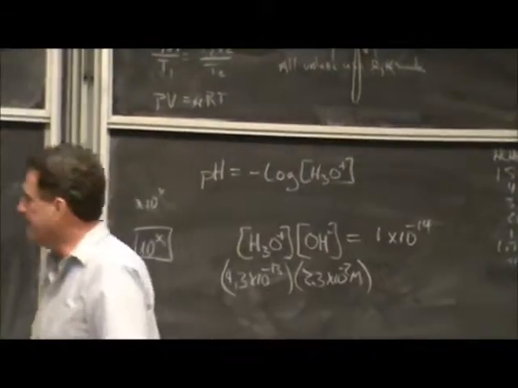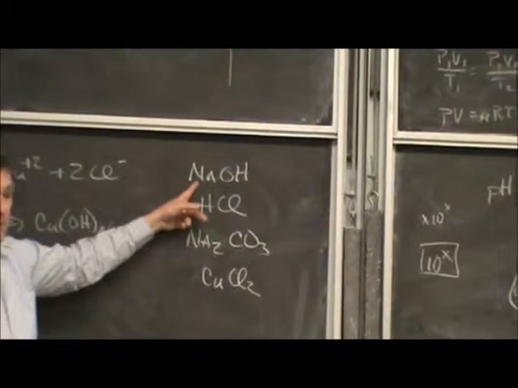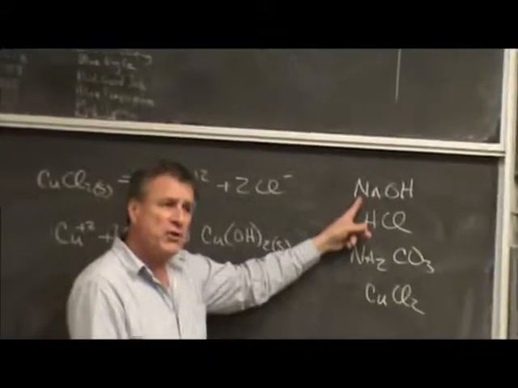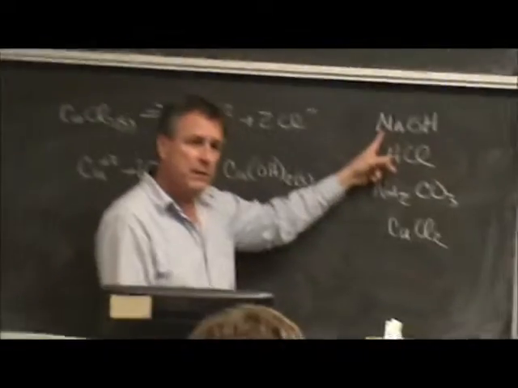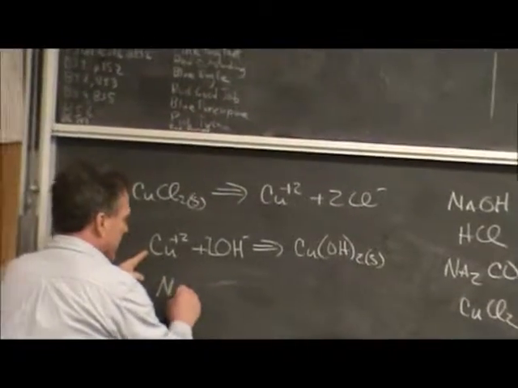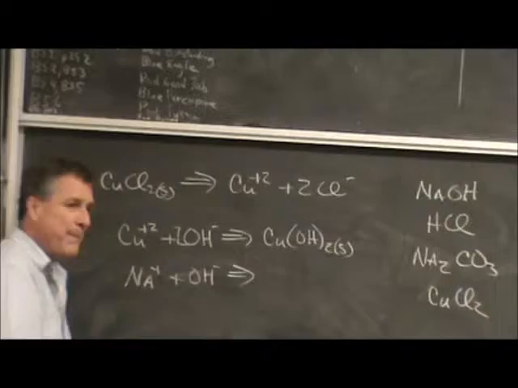Now here's the thing. Sodium ions, they're positive. Why didn't we talk about sodium ions being a Lewis acid? Well, when I put sodium ions together with hydroxide ions, what happens?